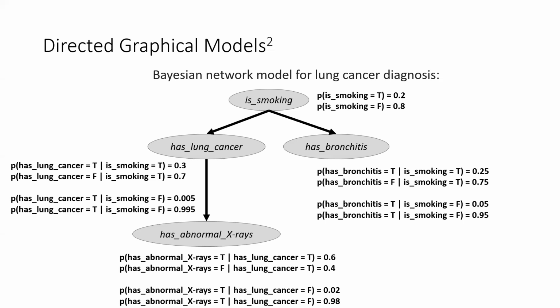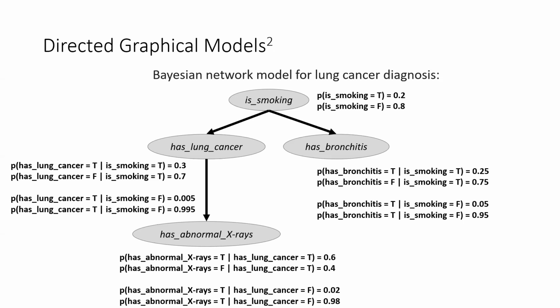Smoking does not depend on any of the other variables, so I define a probability distribution just for this variable. This variable has two values, so I need basically two probabilities: the probability that a person is smoking and the probability that the person is not smoking.